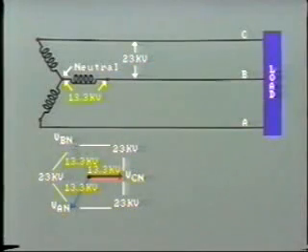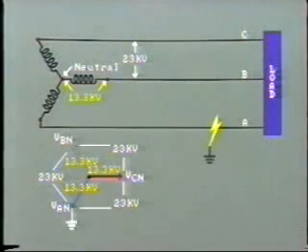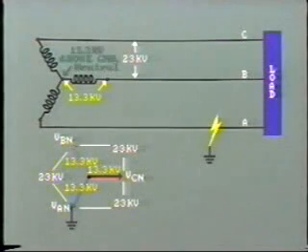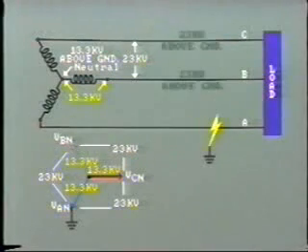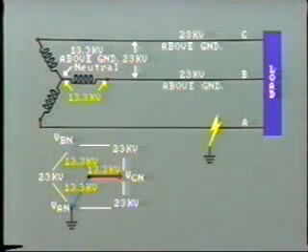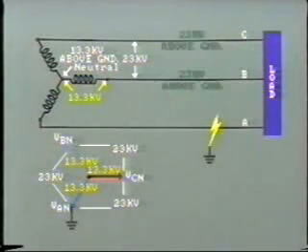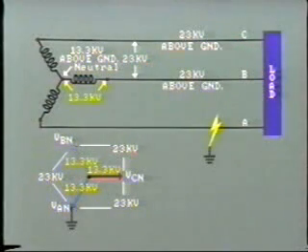Now, suppose a solid ground fault occurs on line A, reducing this line voltage to ground potential. The potential of the neutral will rise to 13.3 kV, and the line to ground voltage on lines B and C increases to 23 kV.